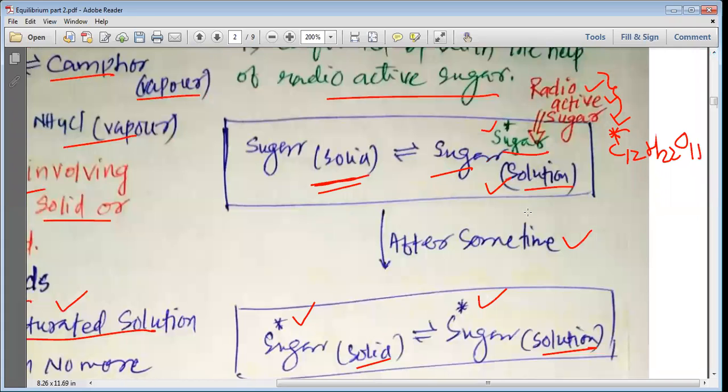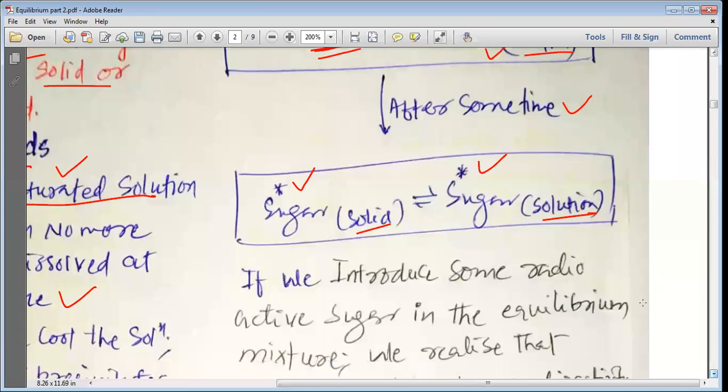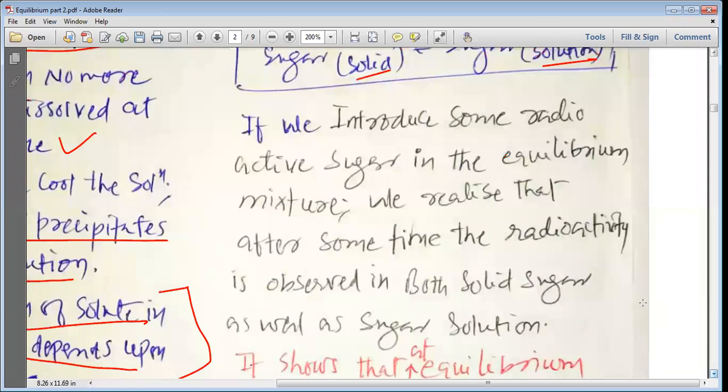The concentration remains equal and the rate of dissolution is equal to the rate of crystallization, and that is why at equilibrium both the processes of dissolution as well as crystallization are going on, and their concentration remains constant.